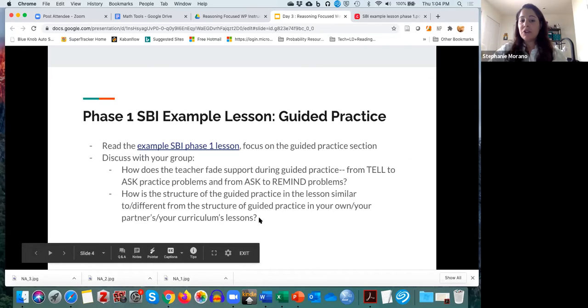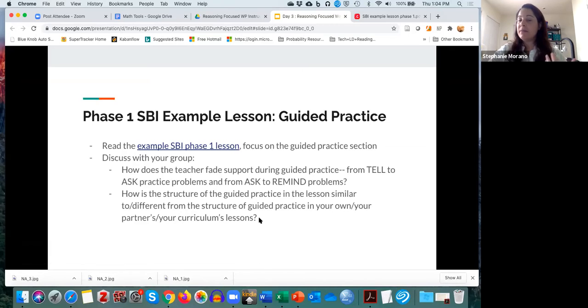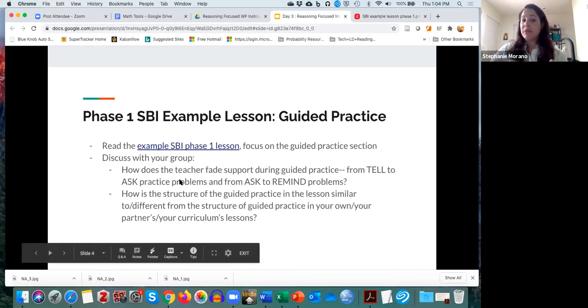And how is the structure of the guided practice in the lesson similar to or different from the structure of guided practice you see in your curriculum program, lesson plans that you write, lesson plans that your partner writes, whatever you're typically doing for math instruction or seeing for math instruction. So again, I want you to open up the example lesson plan from the folder, and then spend some time with your group talking over these two problems here.